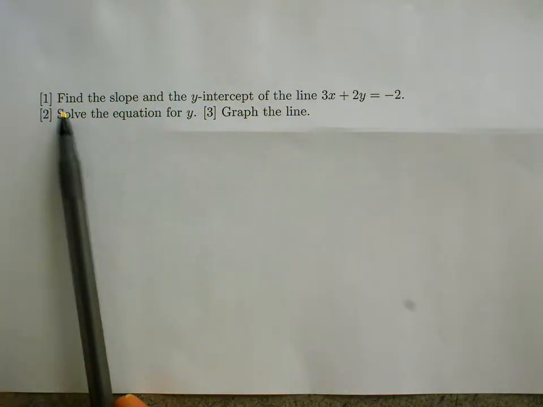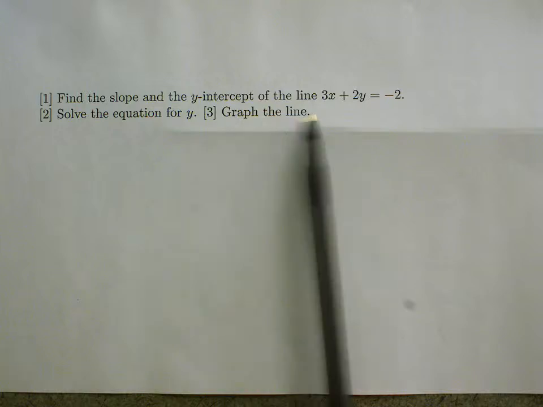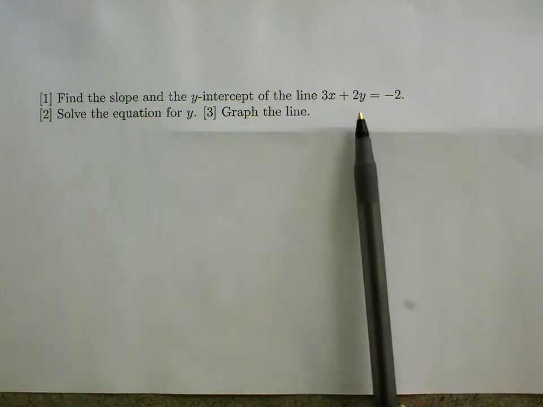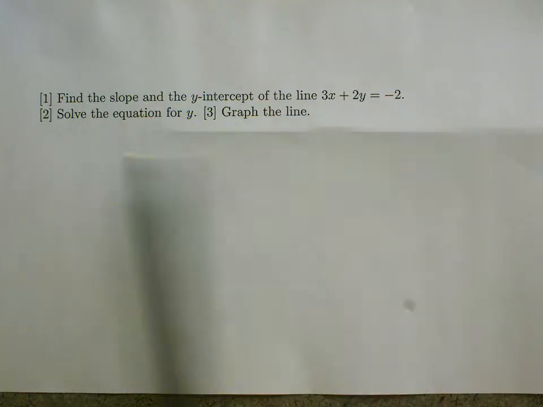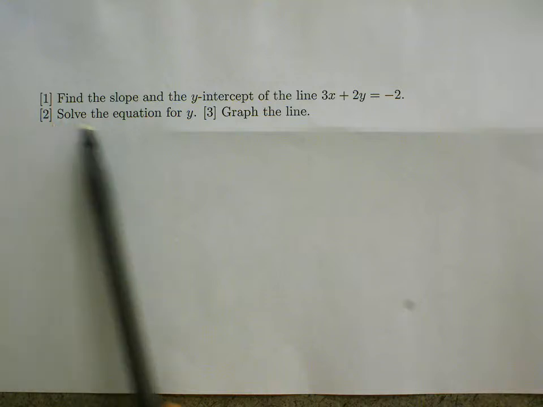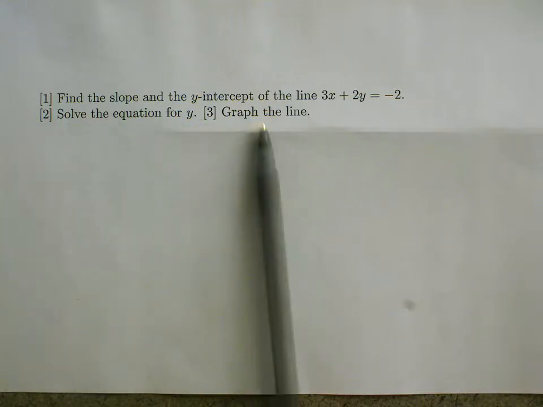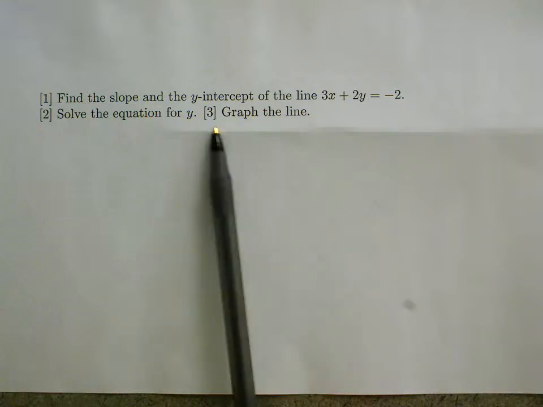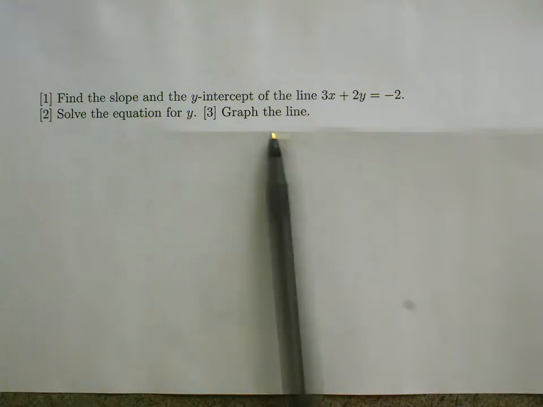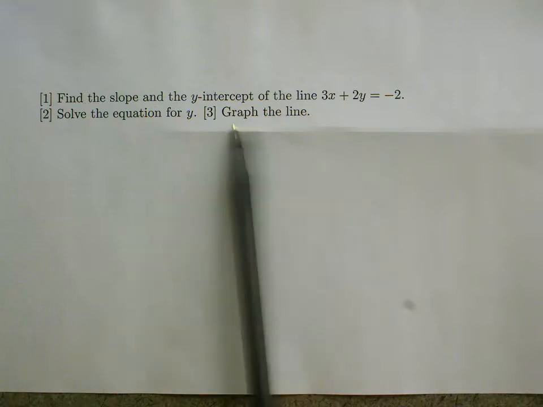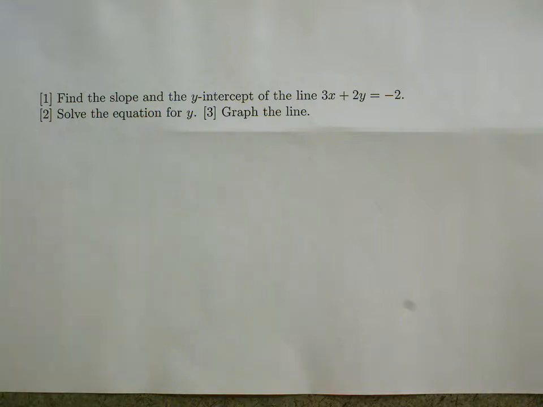Part 1, find the slope and the y-intercept of the line 3x plus 2y equals negative 2. Then we'll solve the equation for y, and then if there's room, we'll graph the line. But we're getting pretty good at graphing lines, so you can do that part if we don't get to it.